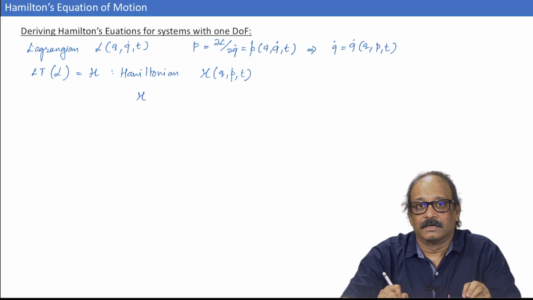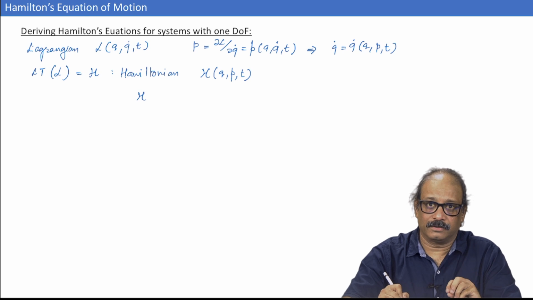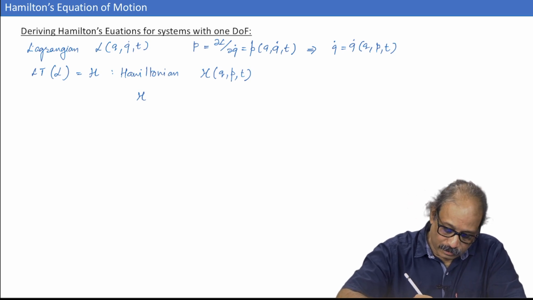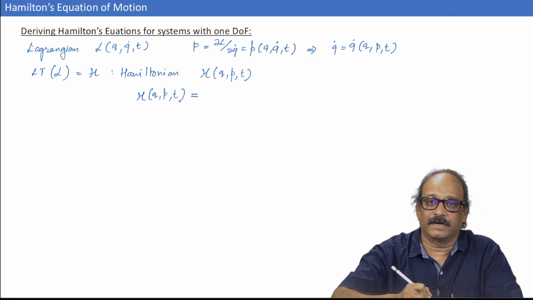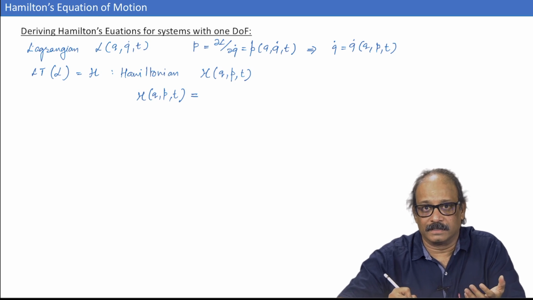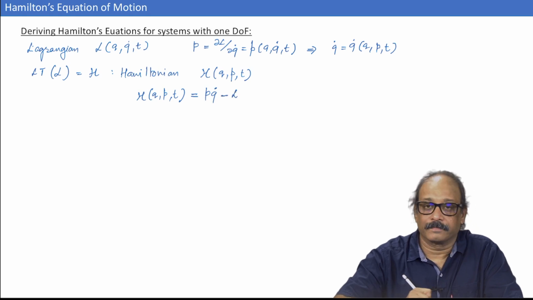Given a function, which arguments is it a function of? That is a question you should be asking yourself all the time. So, H is a function of q, p and t, and we will define this, of course, Legendre transforms are defined this way as p q dot minus L.